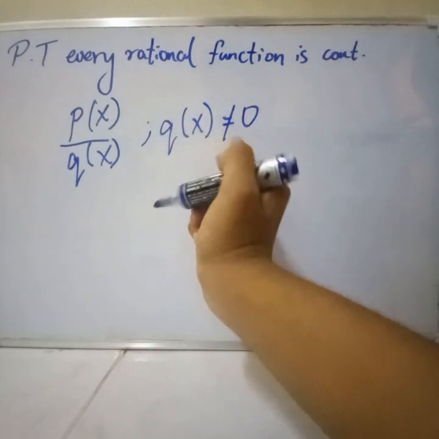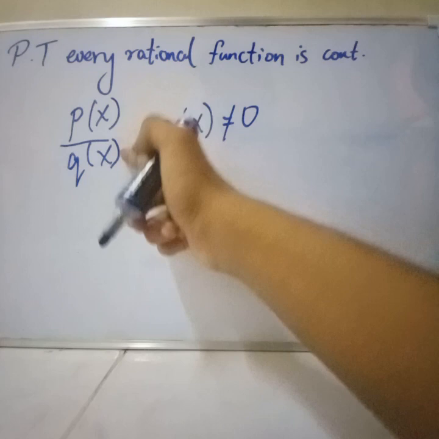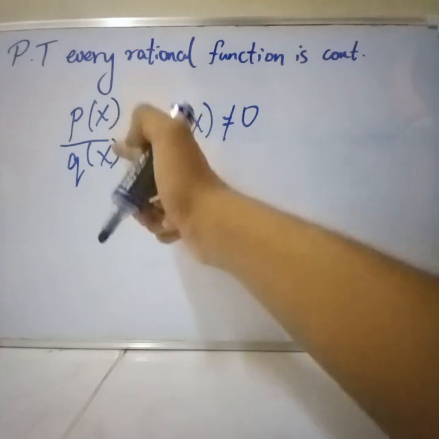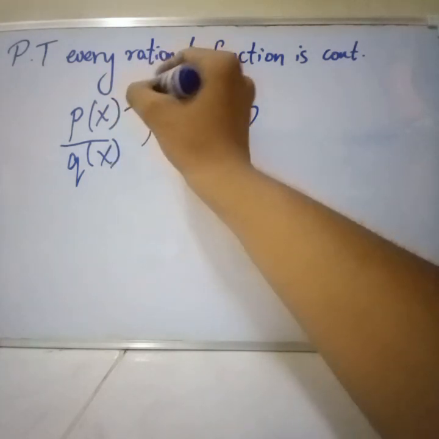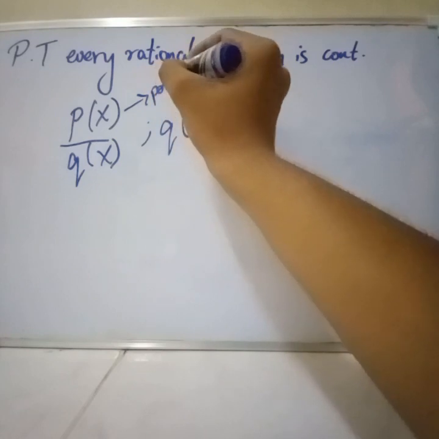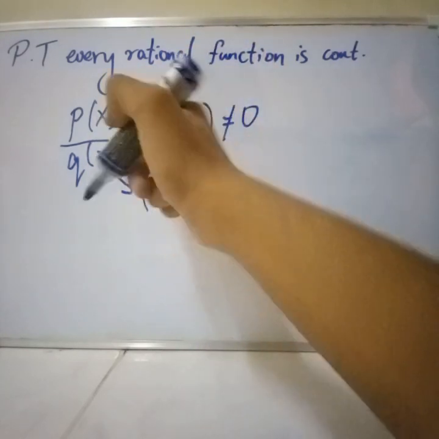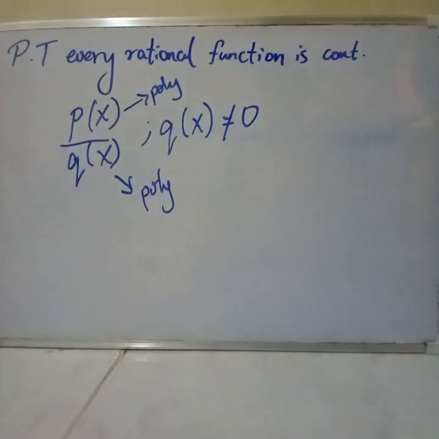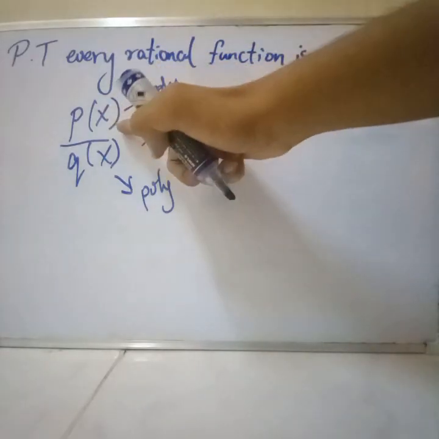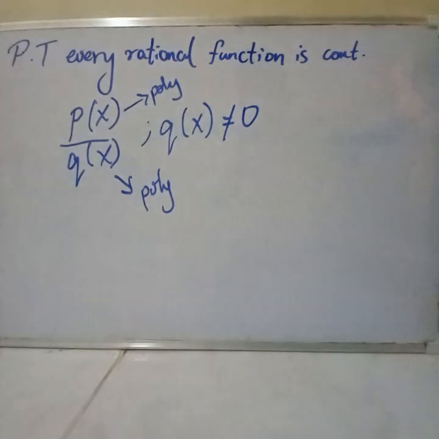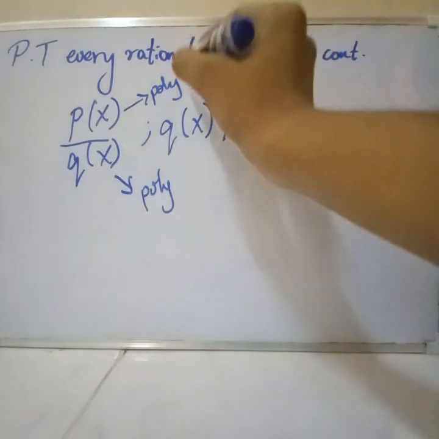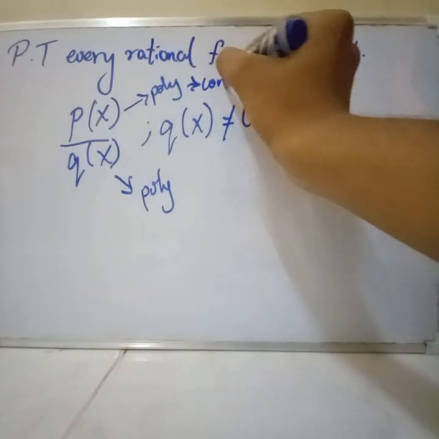Any rational function can be written in the form p by q, where p is a polynomial function and q is also a polynomial function, right? So this is the representation, and we know that any polynomial function will be continuous. All polynomial functions are continuous.